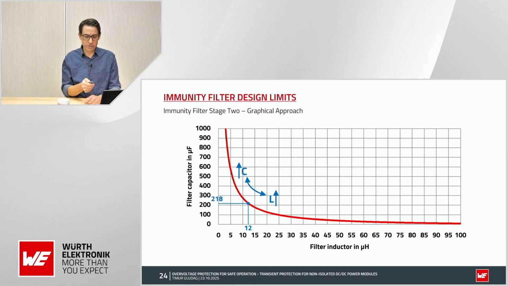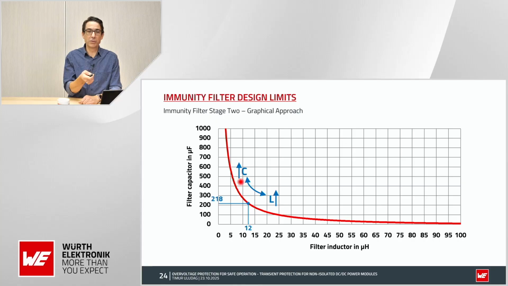You can choose to get to the right attenuation you need with this combination. If you decrease the inductor and go up this curve, let's say to 5 microhenry, then you have to go up to about 600 microfarads.